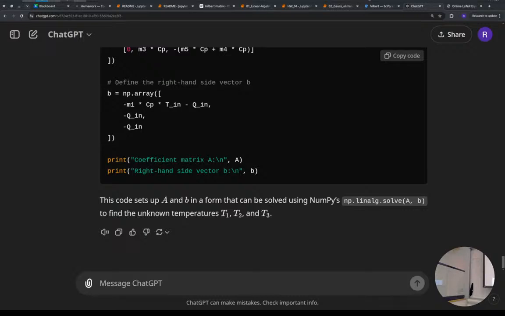When you rearrange the equations, the whole T_in and Q are your known values. So everything that you know doesn't have a coefficient, like T1, T2, so it's in the right hand side.